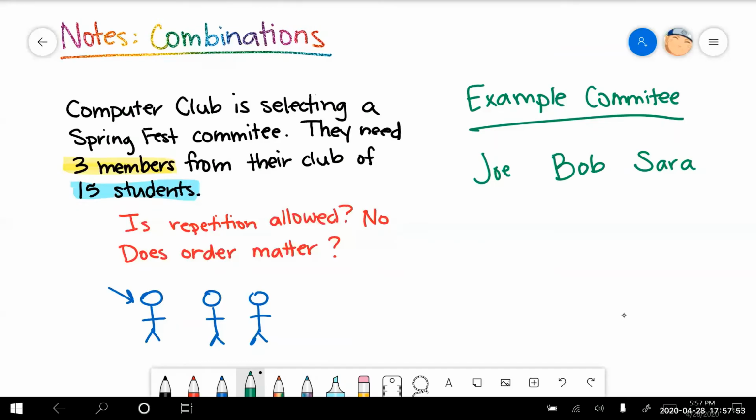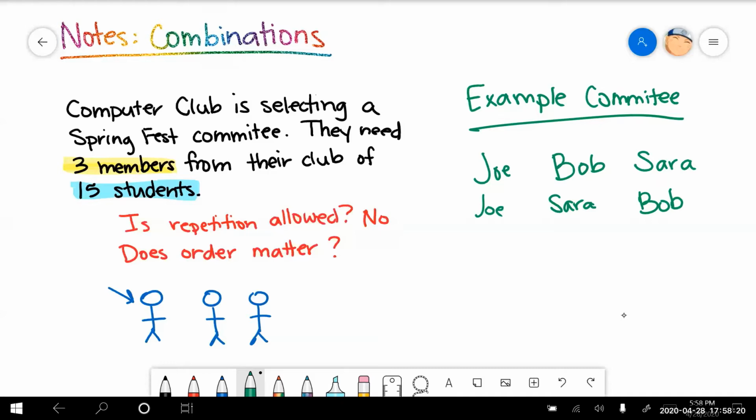Now let's say we didn't select Joe, Bob, and Sarah in that order, and instead we selected Joe, Sarah, and Bob. Kind of like when we talked about the chess club scenario, if I'm just picking names out of a hat, let's say everybody wants to be part of the committee, so we put names in the hat and draw names at random. It's the easiest, safest way to do that.